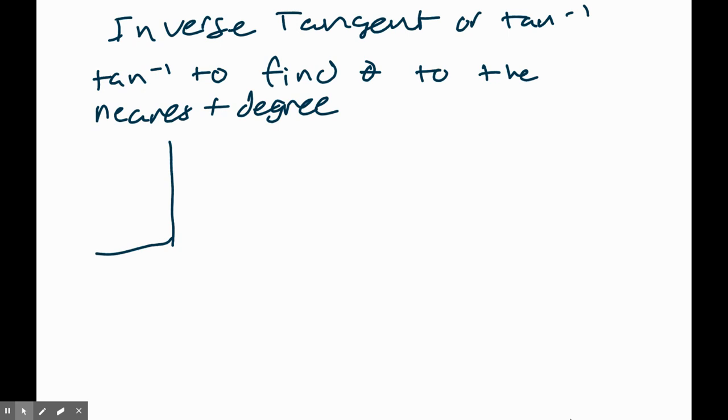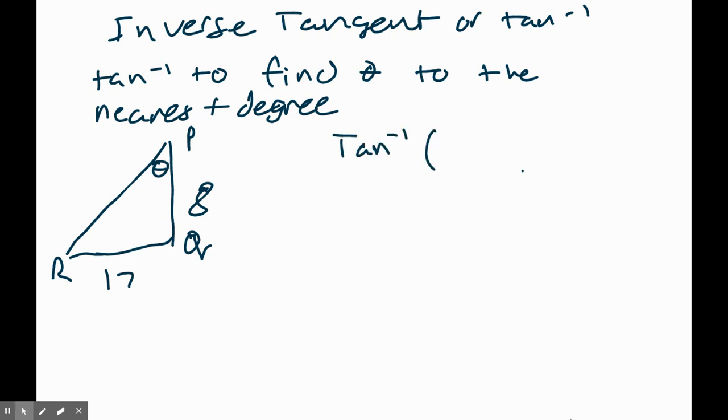We're given the right triangle P, Q, R, and we're given theta. We want to find theta, and we're given that this side length is 8 and this side length is 17. So the first thing that we want to do is realize that the tangent to the negative 1, and now this is going to be different. Instead of plugging in the angle, we're going to substitute in opposite over adjacent into the tangent inverse and set that equal to theta, what we're solving for.